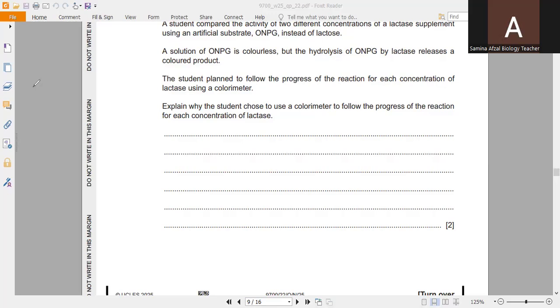So I would like to note two of the uses of this colorimeter, two of the reasons in other words. A colorimeter measures color intensity.